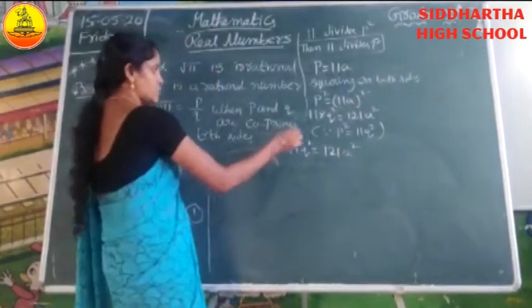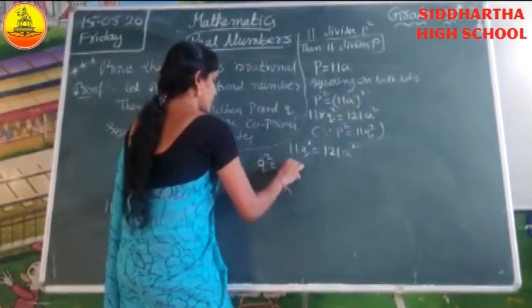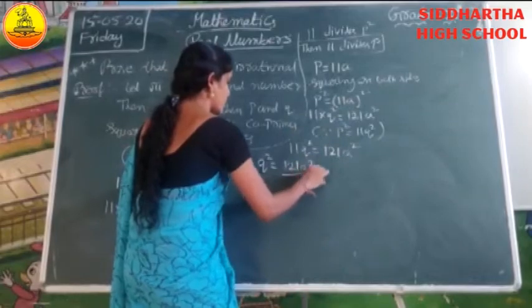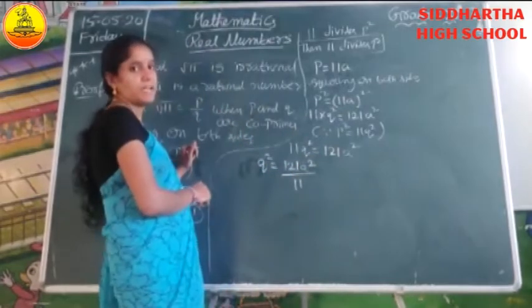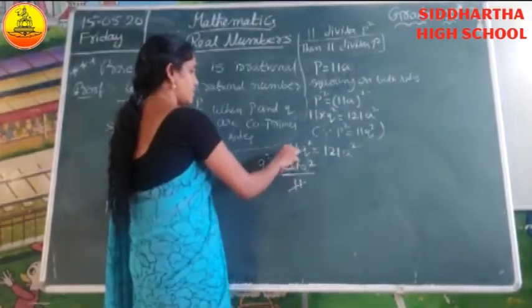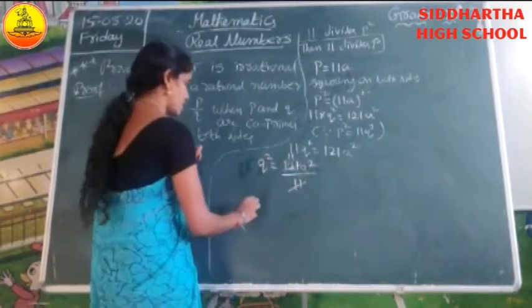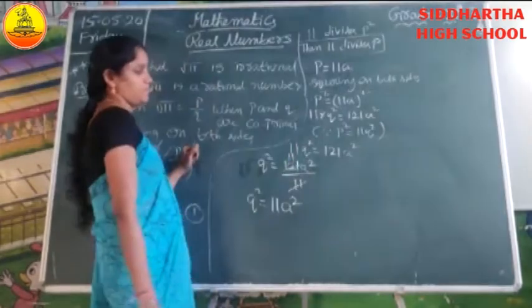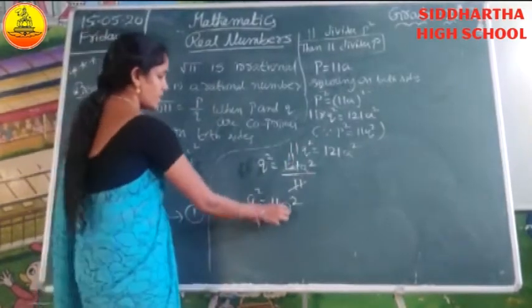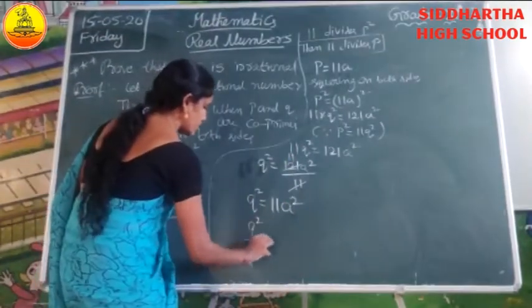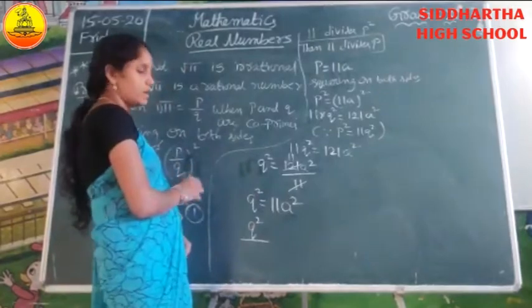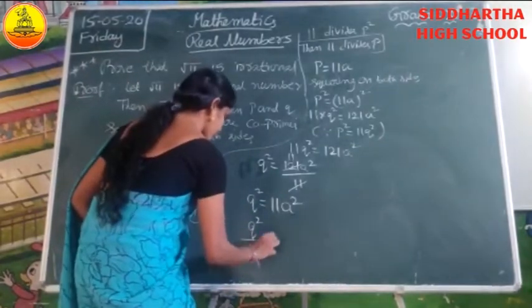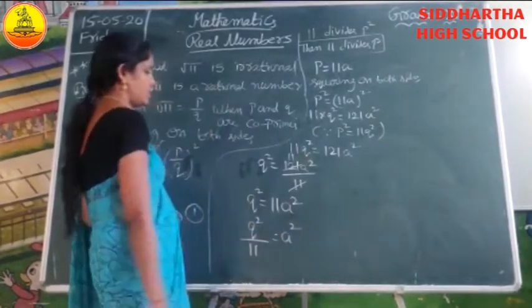Now into 11 transpose to that side, it becomes by 11. In 11 table 121 how many times? 11 times. So Q square is equal to 11A square. Now into 11 transpose to this side, it becomes by 11 is equal to A square.